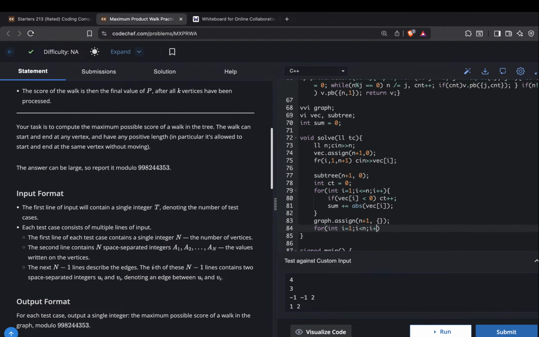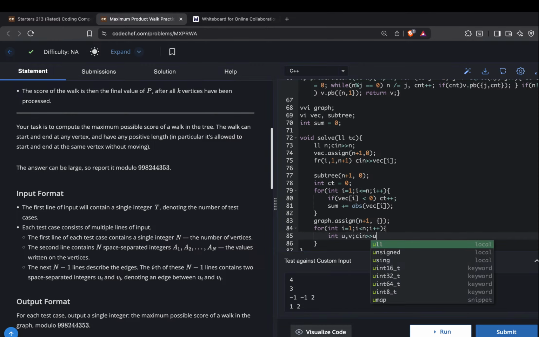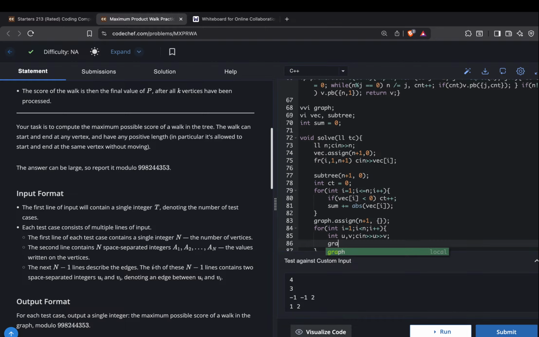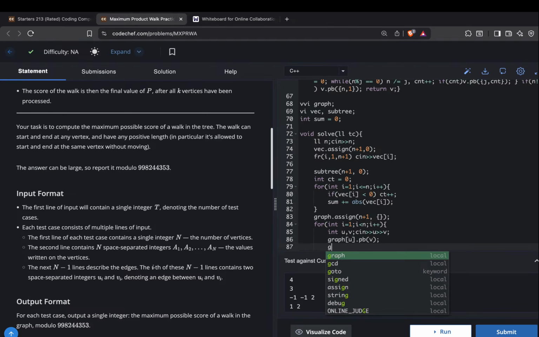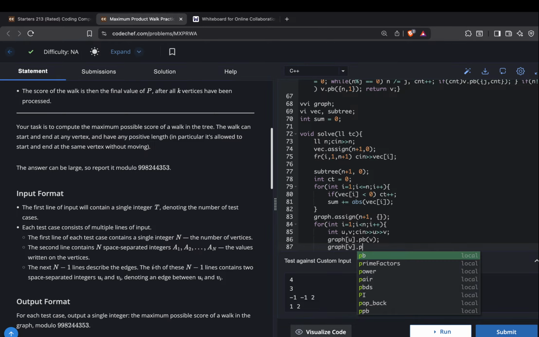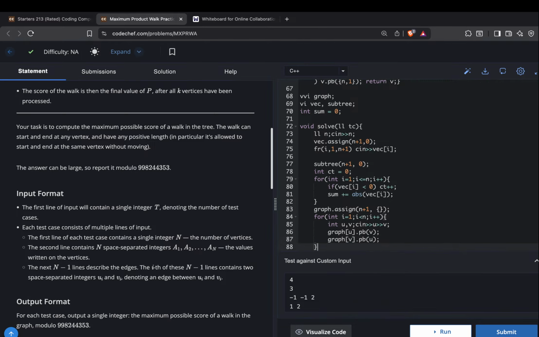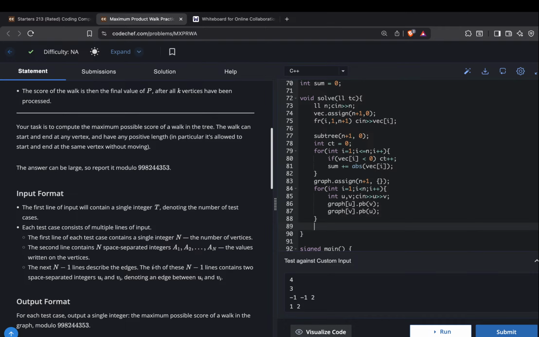There are a total of n minus 1 edges given in the form of u comma v. Okay, now our graph is created.